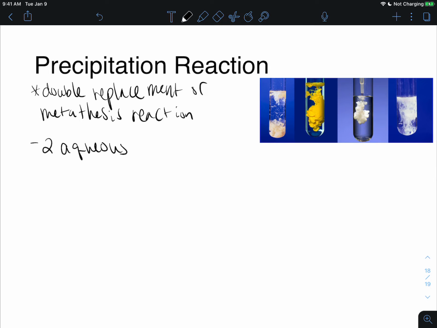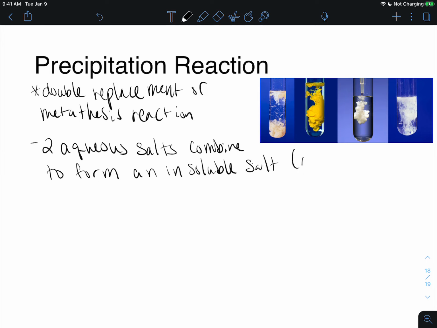Aqueous salts combine to form an insoluble salt, and usually a new soluble aqueous salt.